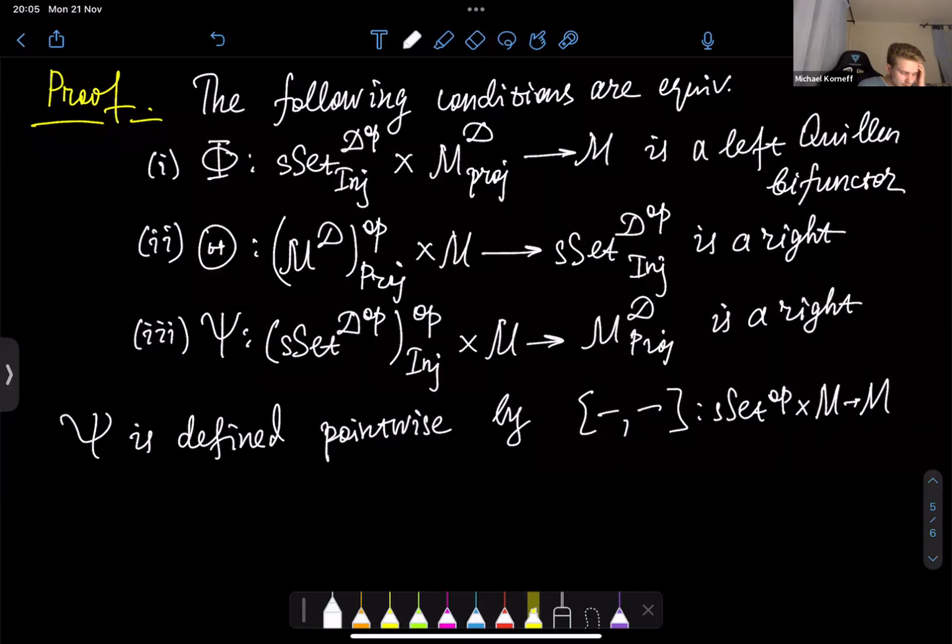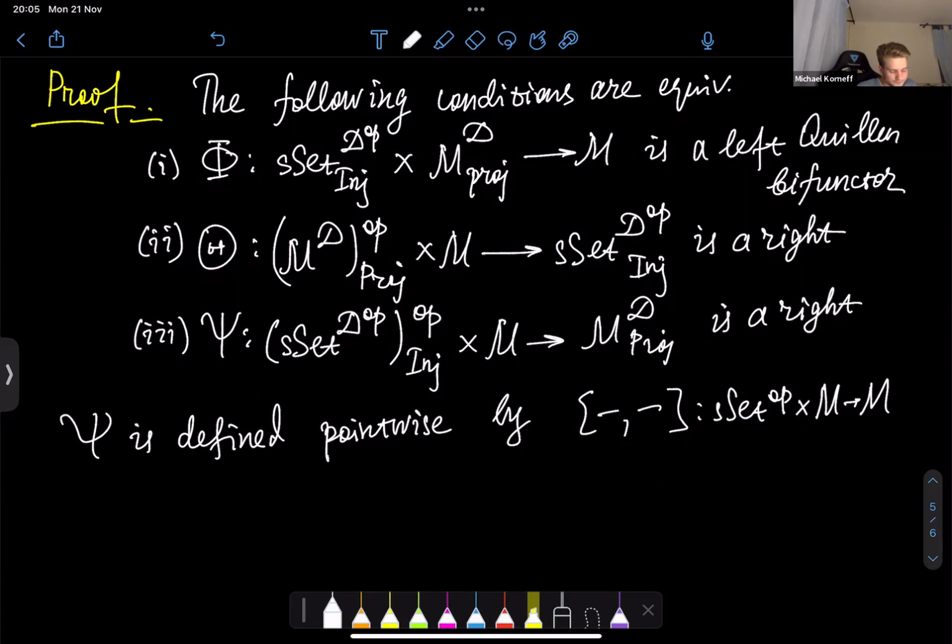And thanks to the definition of simplicial model category structure and the definition of a right Quillen bifunctor, we are done.